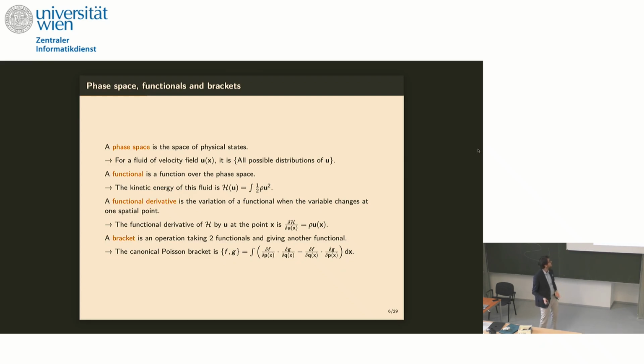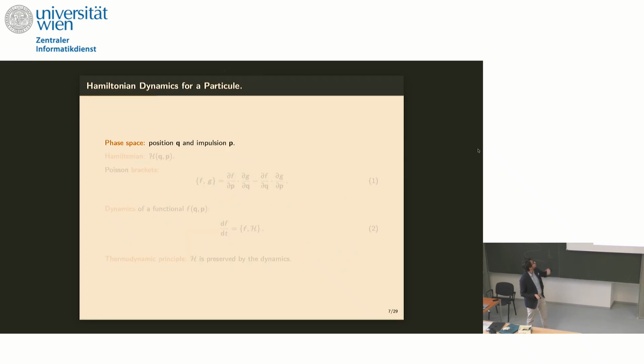So this is just the basics, but now we want to extend the usual geometry of this dynamics. When we start from just a particle and we want to describe dynamics in a phase space from basic analytical mechanics, we have this phase space of position and impulsion, we have our Hamiltonian, we have our canonical bracket, and then we can describe the dynamics of any functional, so any function on the phase space, which can be a physical observable, just by applying this bracket with the Hamiltonian.